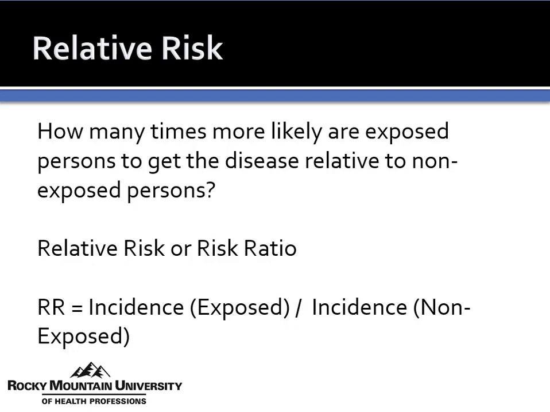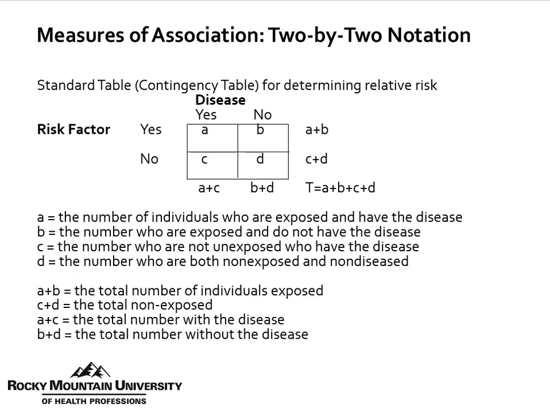Relative risk is how many more times likely is an exposed person or persons, how much more likely are they going to be to get the disease relative to non-exposed persons. So this is the relative risk, also known as the risk ratio. And it's the incidence in the exposed divided by the incidence in the non-exposed. And here's how you could do the math if you did a contingency table, a 2x2 table.